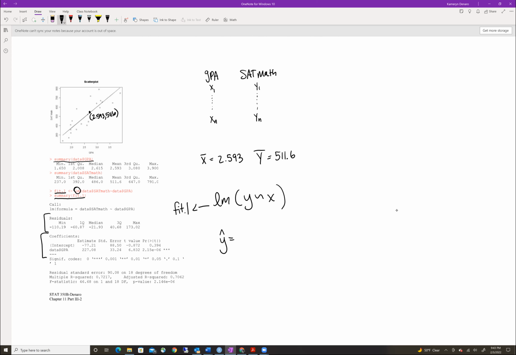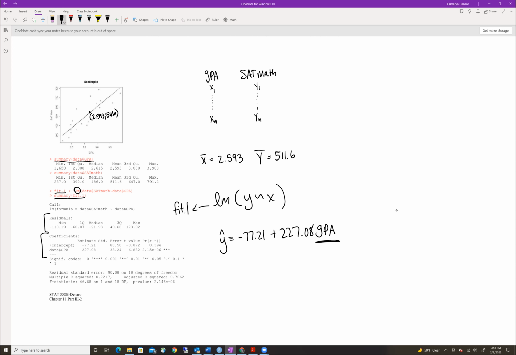Our predicted SAT scores are equal to -77.21 plus 227.08 times GPA. So essentially here, a 1-unit increase in GPA is associated with a 227-point increase in SAT math scores on average.